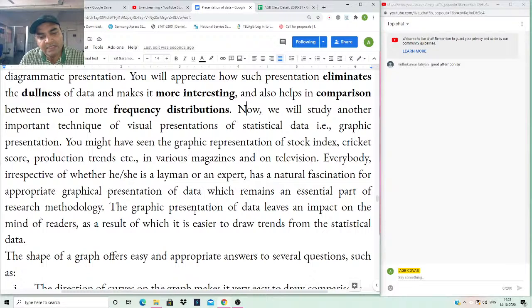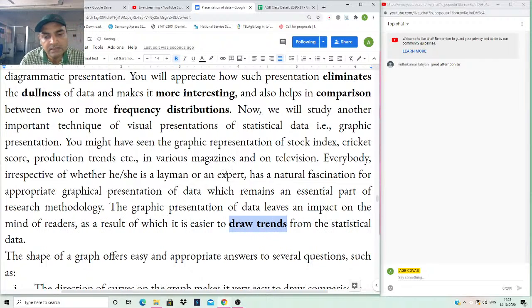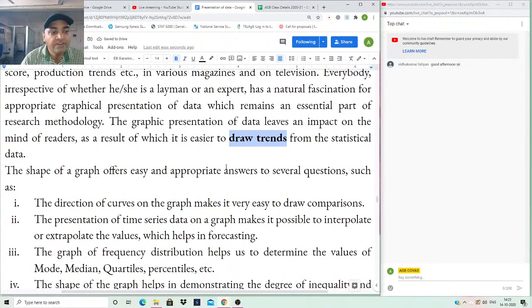Graphic presentation leaves an impact on the mind of the readers, making it easier for them to draw trends from the history, and to see what underlying trends there are. So the shape of the graph offers an easy and appropriate answer to several questions.